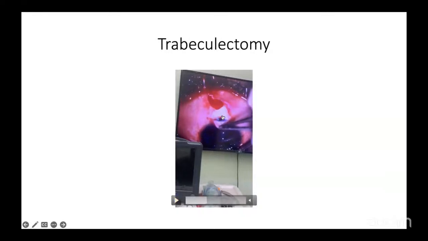So now you can see the ostium is created at the blue zone. Now this is, okay, let me see.